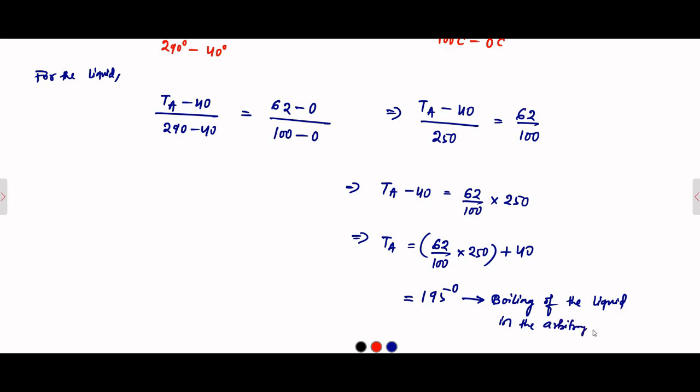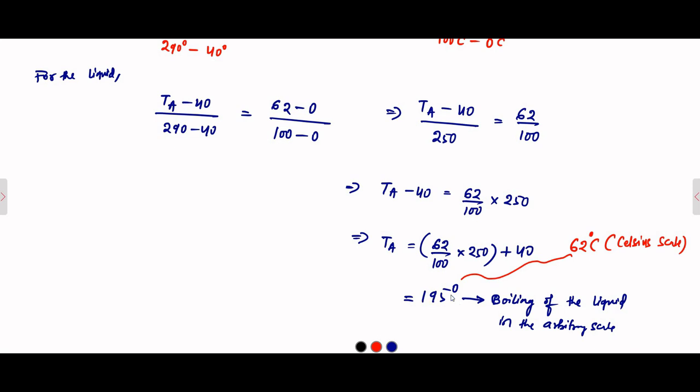The same liquid has a boiling point of 62 degrees Celsius in the Celsius scale, but according to this arbitrary scale, it is 195 degree. No units, because it's arbitrary, nothing has been mentioned about which scale it is.